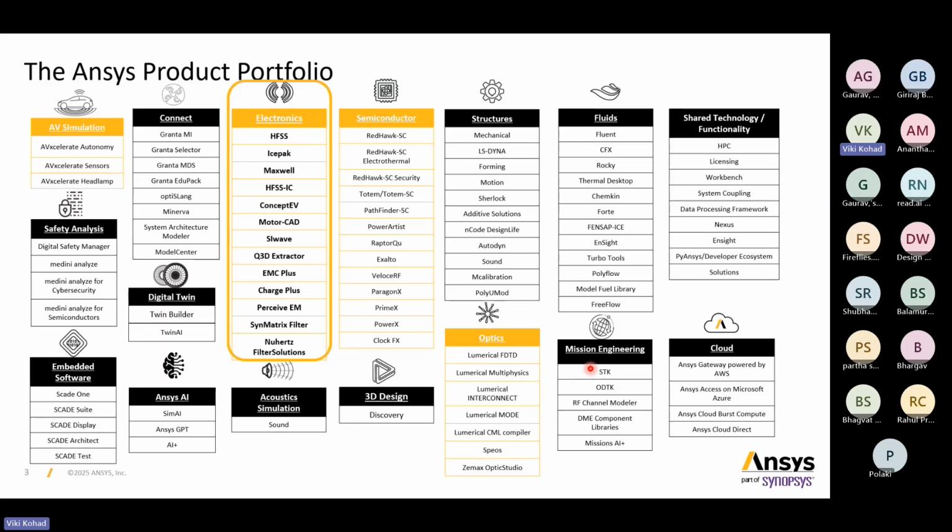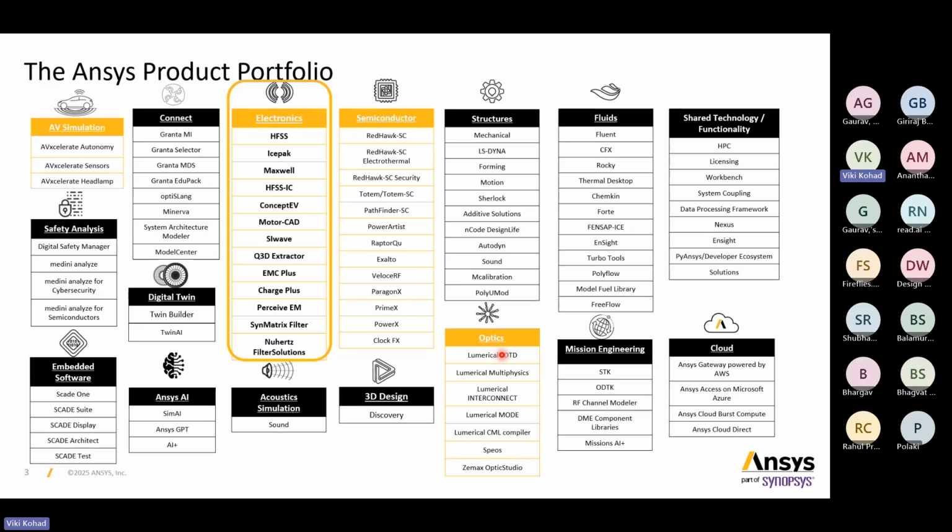The STK tool is basically for satellite communications, then optics if you are interested in light phenomena, and embedded software is also there. The trending one is the Twin Builder for system simulation. If you have an electric vehicle and you want to simulate it, you can do the whole system simulation.